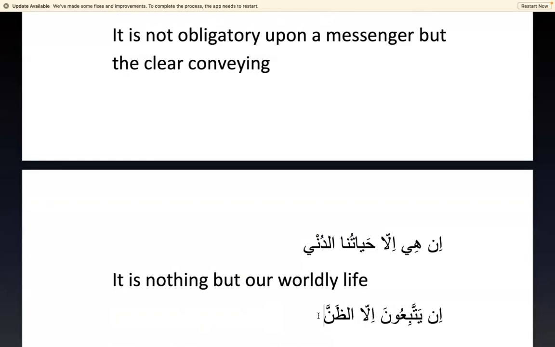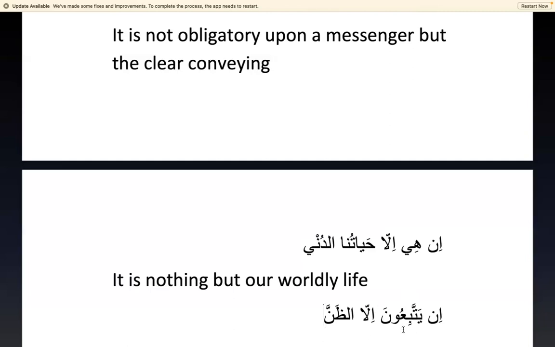So in yattabi'una illa zanna. Now, what is this yattabi'una? What kind of word is this? Is it ism or fail? Fail. Which fail version? Mudari. Which version? Home version. Very good.